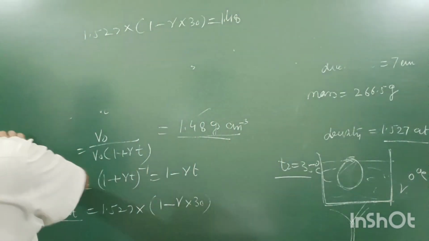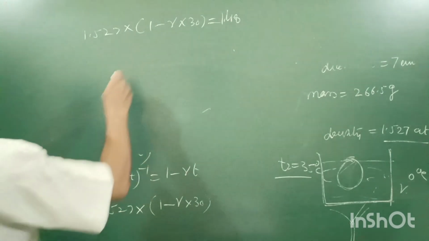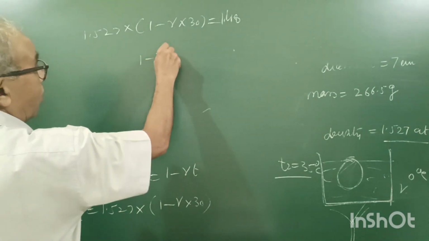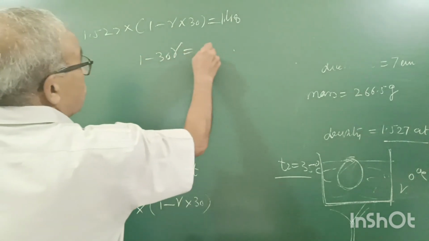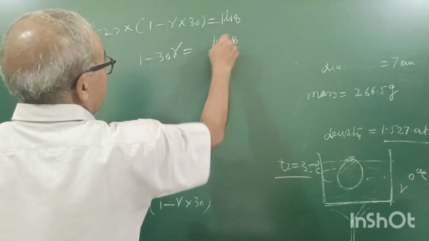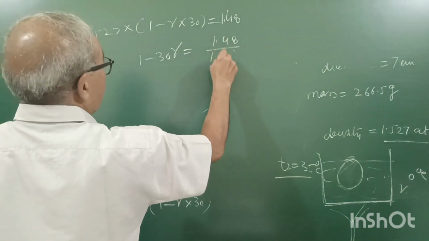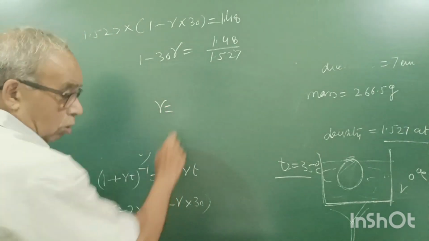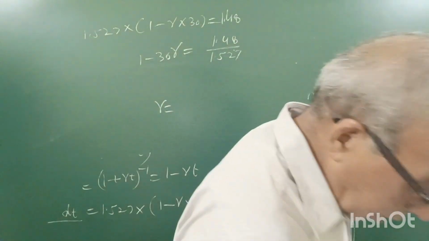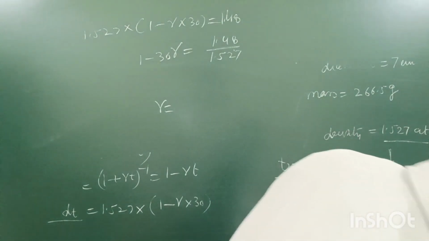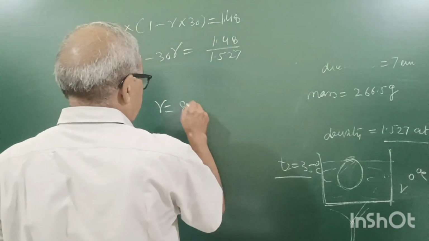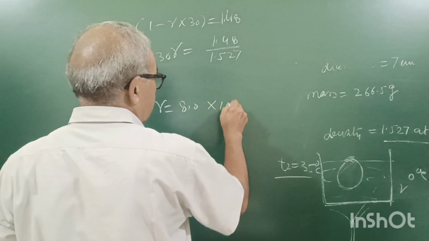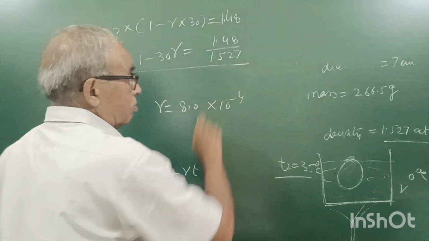You can solve it very easily. 1 minus 30 gamma is equal to 1.48 upon 1.527, and from here you will get gamma equal to 8 into 10 to the power minus 4. You can solve it yourself.